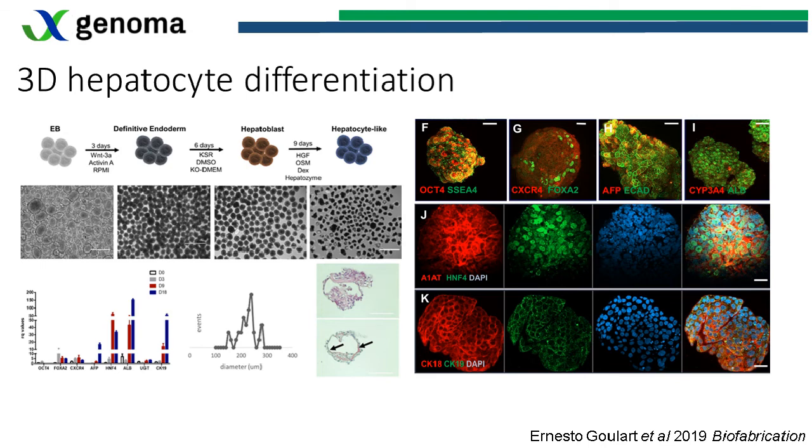The mean diameter of the spheroids was approximately 200 microns, so it's very easy, no big problem, to incorporate them in a hydrogel and perform extrusion-based bioprinting.